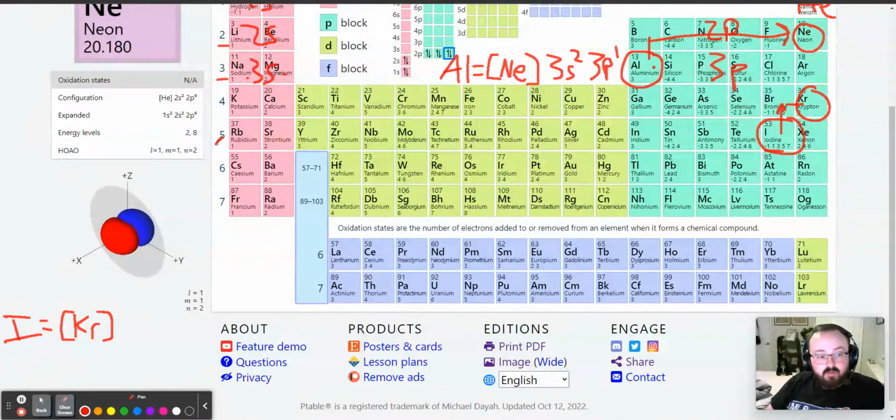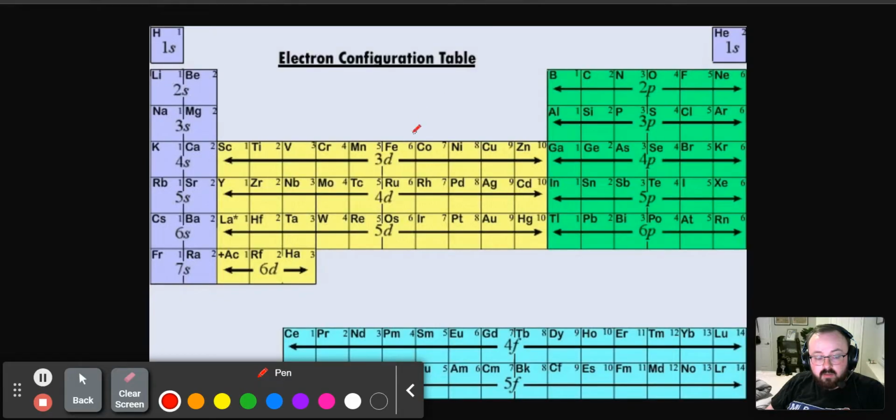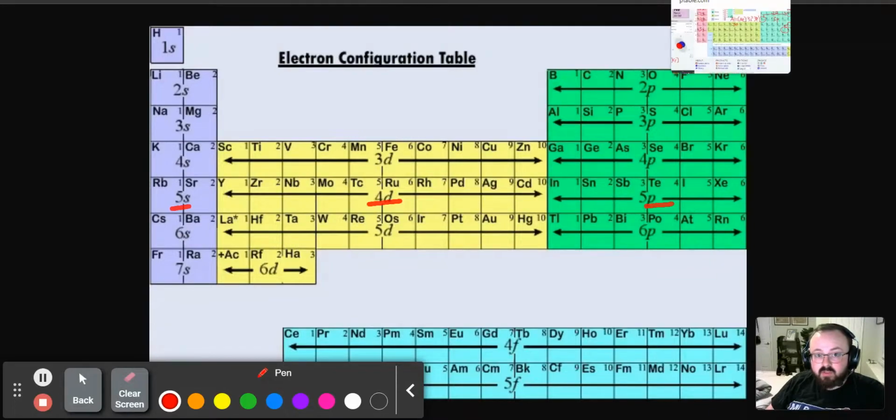Now, well, this is period 5, so guess what this is going to be? 5s. Here's our 4d, and you're going to get this on a quiz, so you should have access to this to help you. That this is our 5s, here's our 4d, here's the 5p. I do want to give this to you.